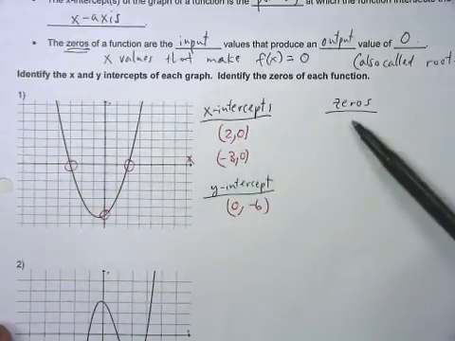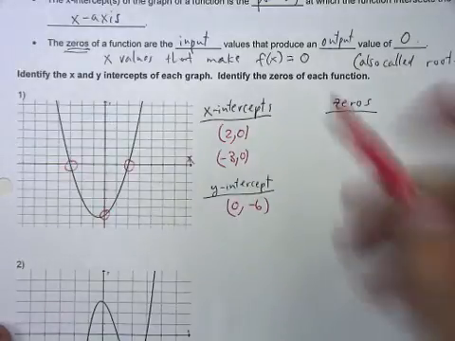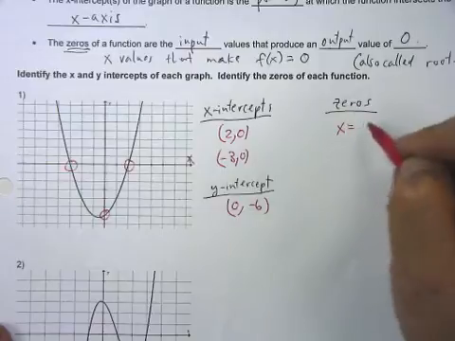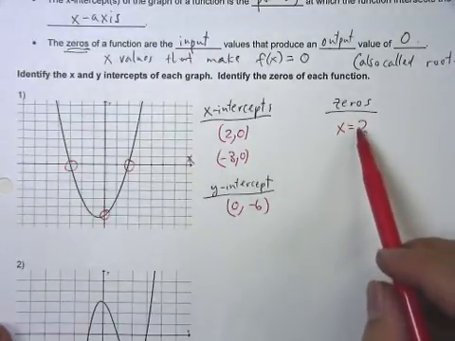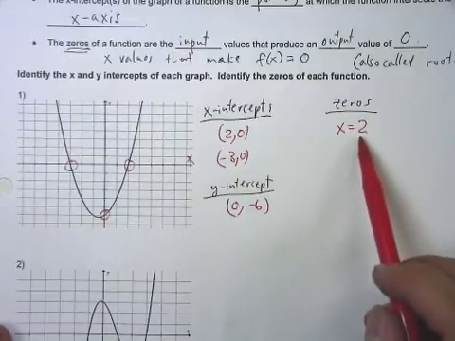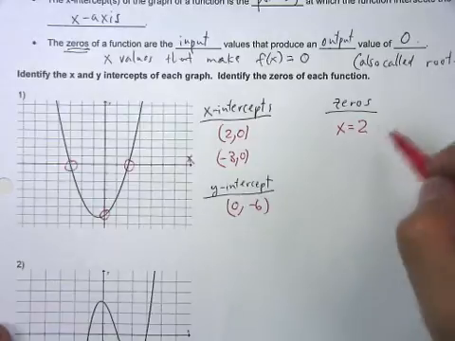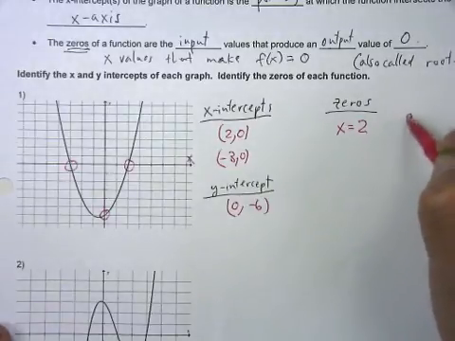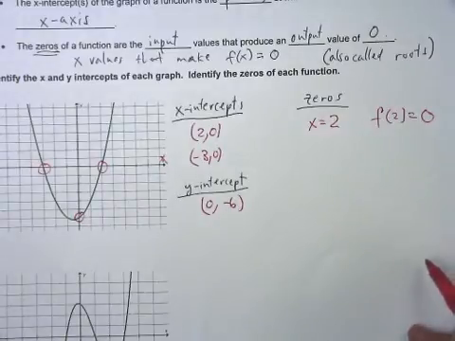So the zeros, again, are the input values that give us an output of 0. The first zero would be 2. It sounds kind of funny to say that 2 is a zero, but 2 is an input value that gives us 0. If f of x was the name of this function, that would mean f of 2 gives us an output of 0.